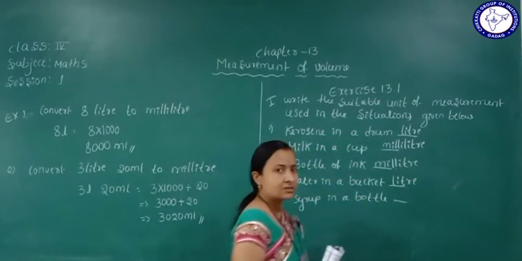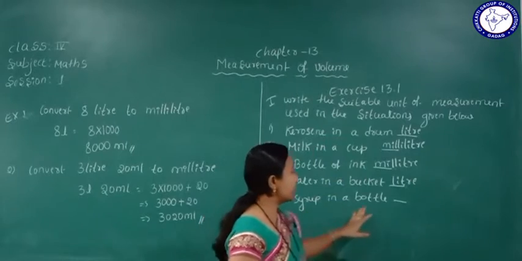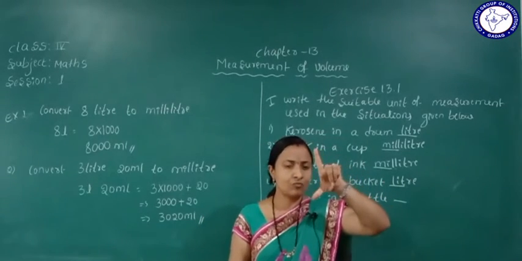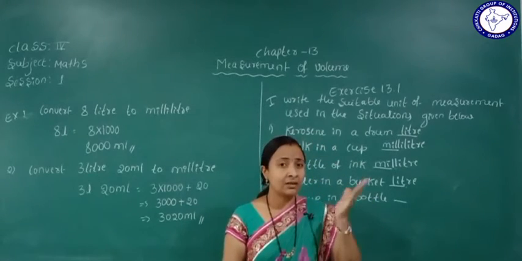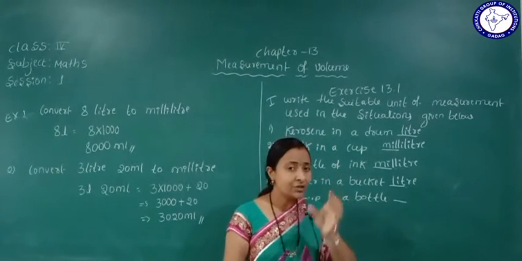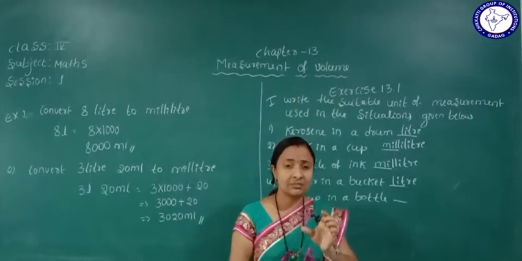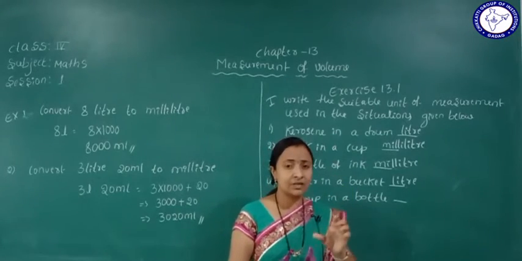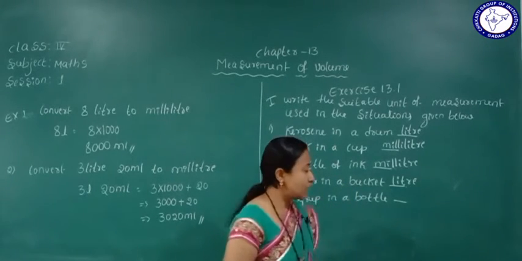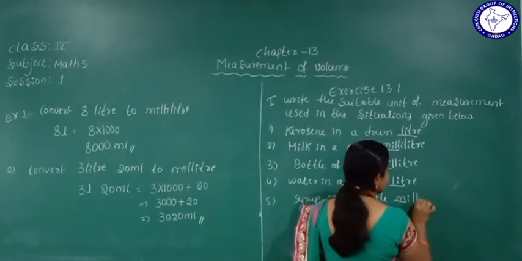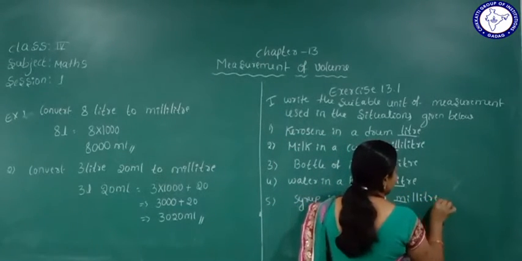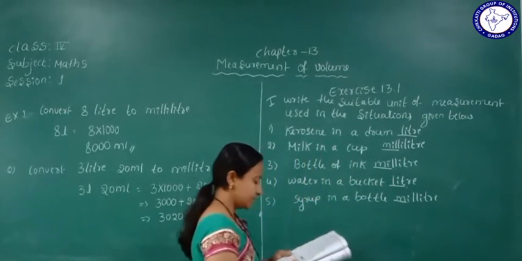Next one, syrup in a bottle. That is this much of a bottle. 500 ml, 750 ml, 250 ml are mentioned on the syrup bottle. That's medicine. So the measure is milliliter.